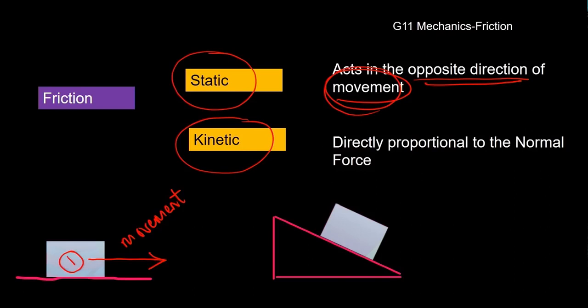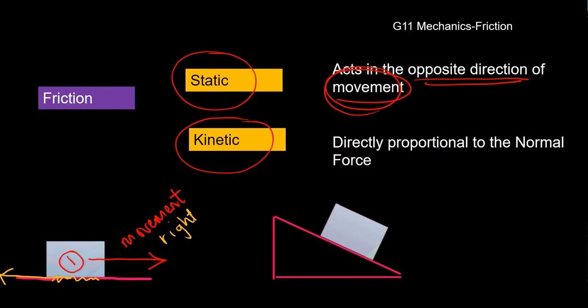If movement is to the right, the frictional force is going to be between the surfaces, so between the box and the surface that it's on, and it is going to be in the opposite direction to movement.